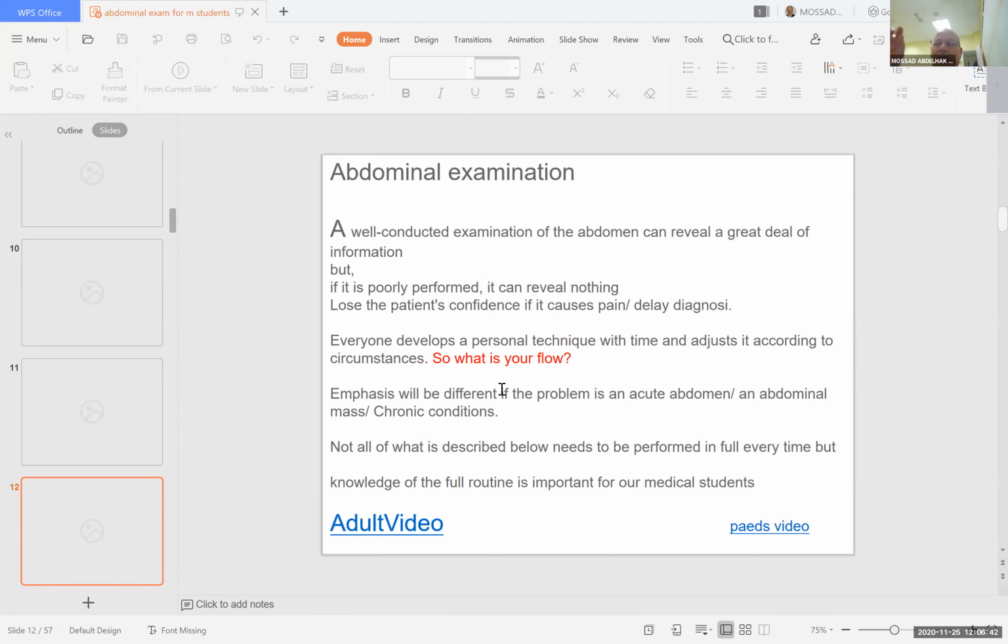My job will be to pick the findings from everyone and collect them together to get the diagnosis. Am I clear on that? Yes, doctor. Okay, so it is very, very important, please, to plan for that.